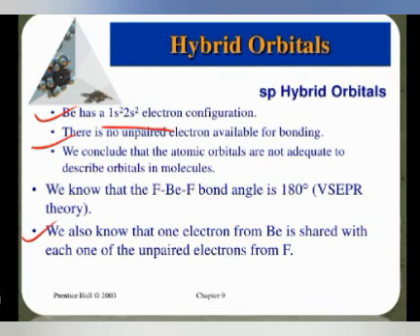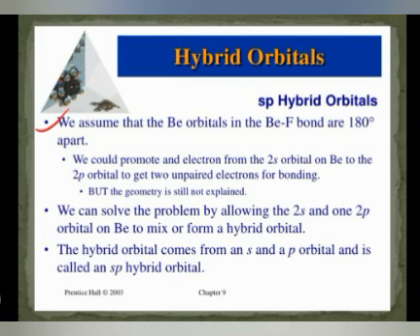We also know that one electron from Be is shared with each unpaired electron of F, but how, that we will study. We assume the beryllium orbital in BeF2 is at 180 degrees. We could promote an electron from the 2s orbital of Be to 2p. Now we can solve the problem by allowing 2s to 2p.